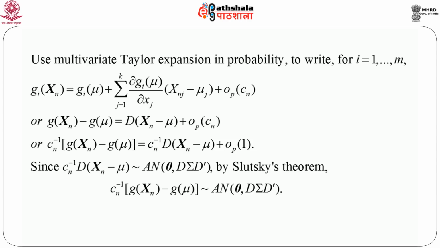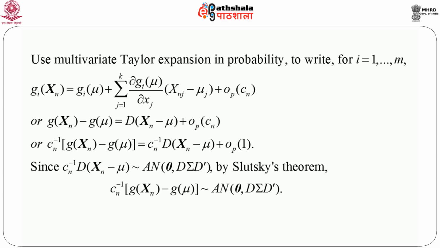Now, using vector notation, we can write this first line as g(Xn) minus g(mu) equals to D into (Xn minus mu) plus small o p of Cn, or just Cn inverse into (g(Xn) minus g(mu)) equals to Cn inverse D into (Xn minus mu) plus small o p of 1.